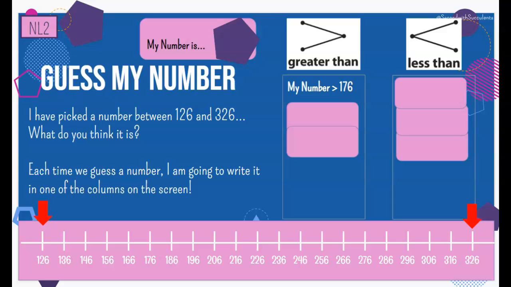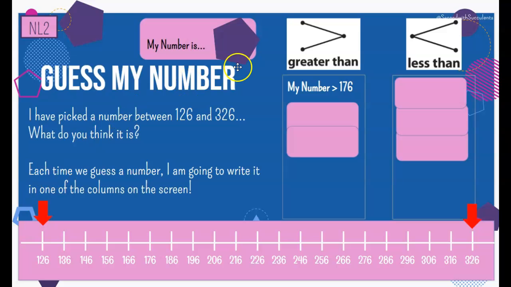Now remember, when we play this game, I've already chosen a number on our number line. And our number line only goes from 126 to 326. So I've put these little red arrows to know that my number must be in between 126 and 326. And I've already given you our first clue using our greater than symbol.